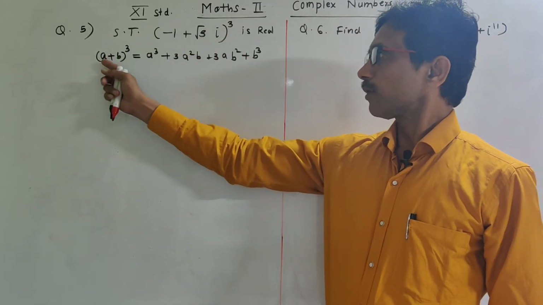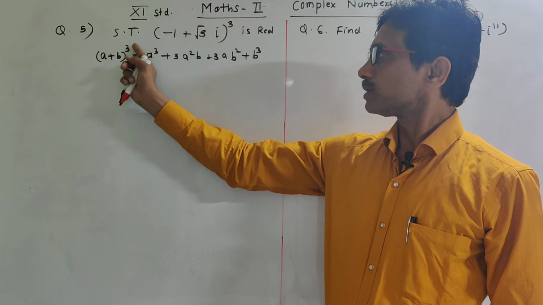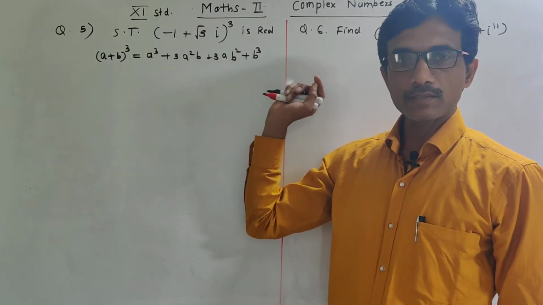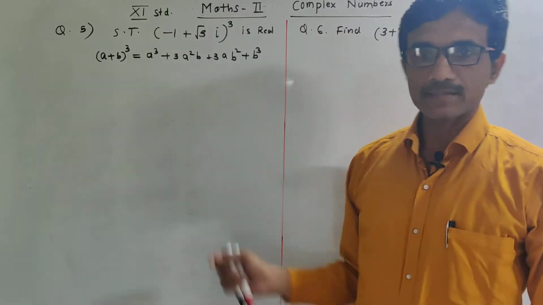So you know the cube of a plus b, that is (a + b) cube, is equal to what? a cube plus 3a square b plus 3ab square plus b cube. So we expand this.